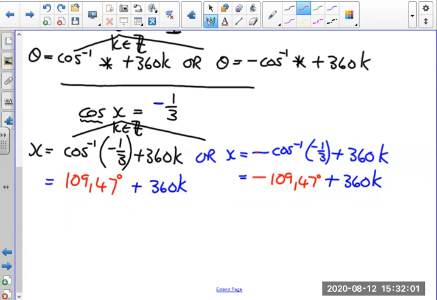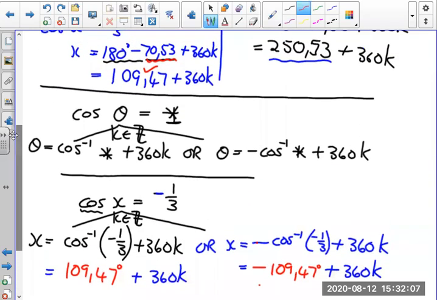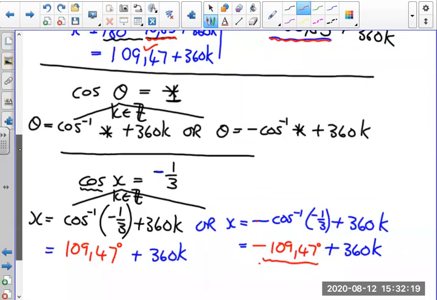Now, if you take this, because now you see the two answers are not the same, or you think it's not the same. The one is 250.53, and this one is minus 109.47. But remember, what does general solution mean?